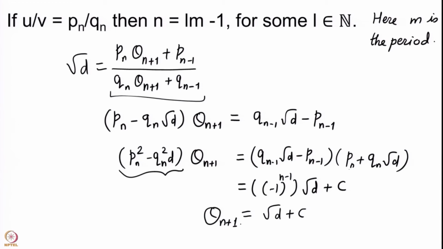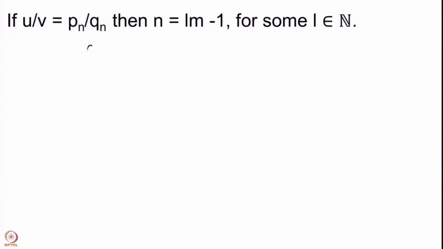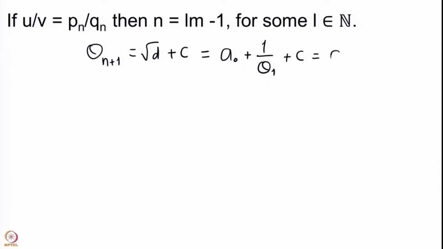So, theta n plus 1 is root d plus some integer c, but root d already has this continued fraction expansion. This is how we begin getting the continued fraction expansion for root d.